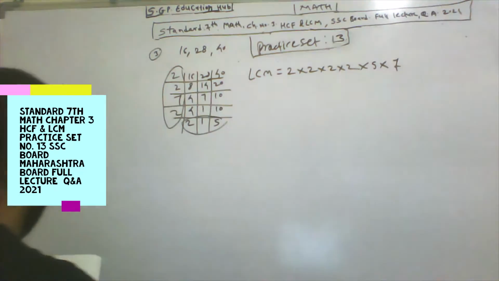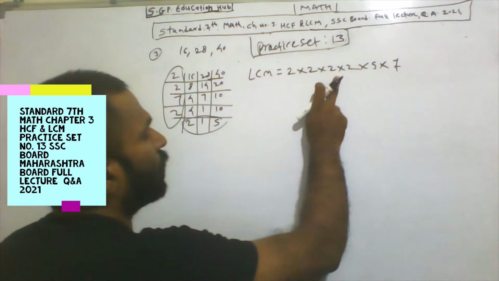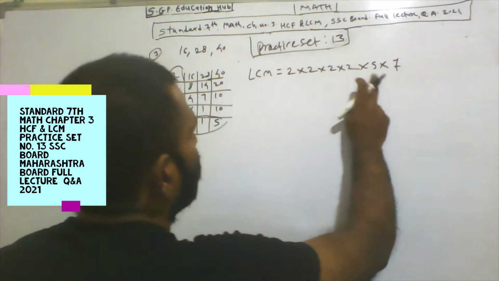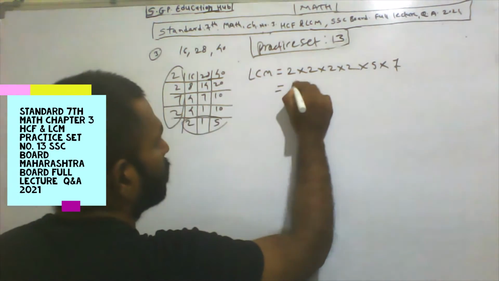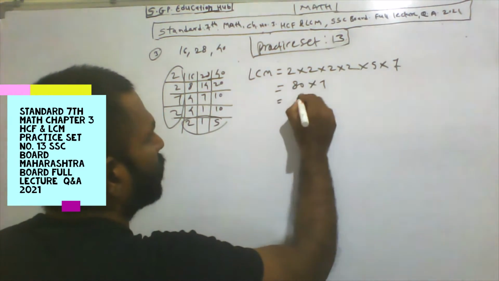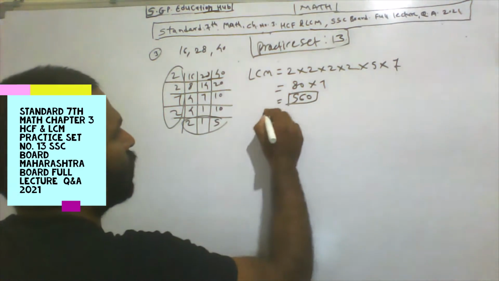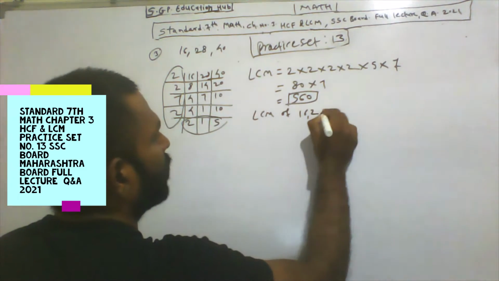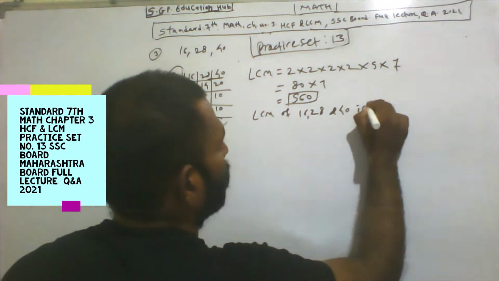Okay, the answer is 2 into 2 is 4, 4 into 2 is 8, 8 into 2 is 16, 16 into 5 is 80, 80 into 7 is 560. The LCM of 16, 28 and 40 is 560.